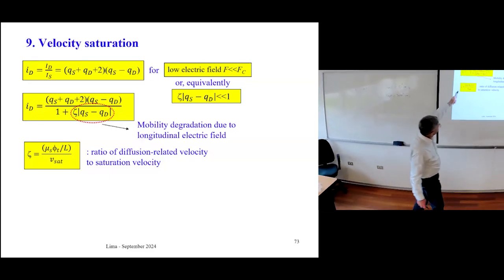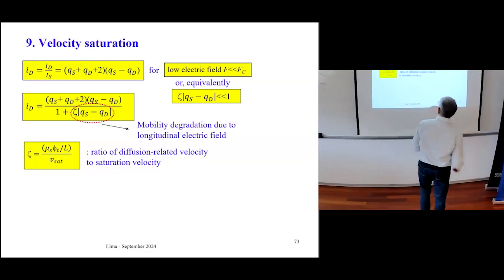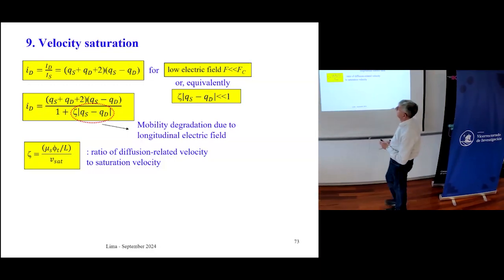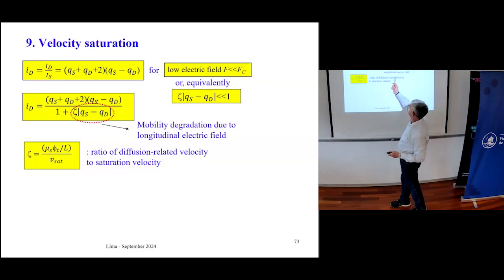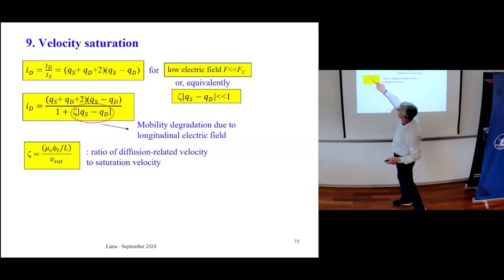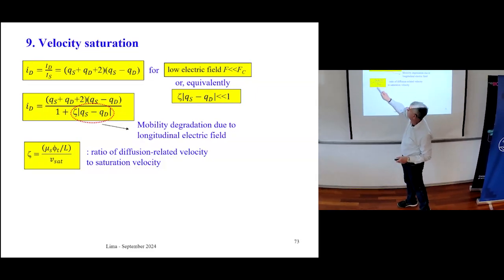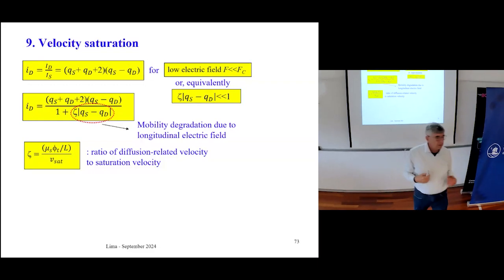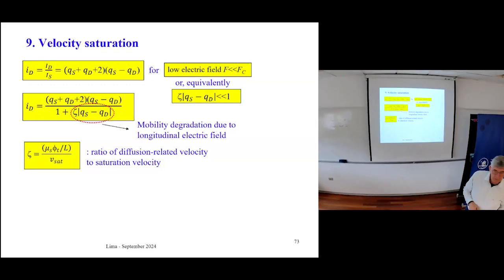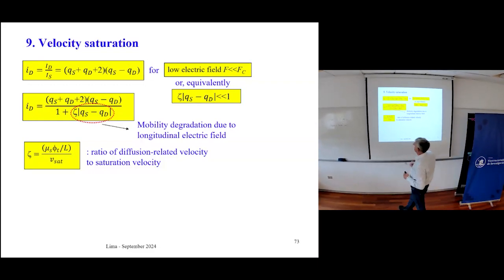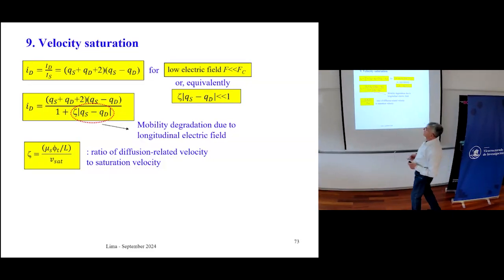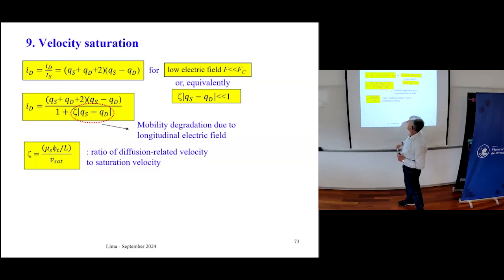And this parameter here, which is called the zeta parameter, the letter zeta, characterizes a ratio of diffusion related velocity, which is this term. This is related to diffusion. This term here is the diffusion constant given by Einstein relationship, U times phi t divided by L. This is then a velocity normalized to the saturation velocity.